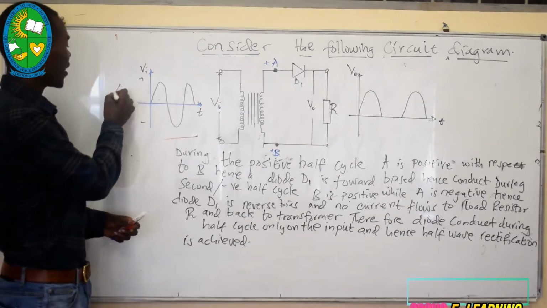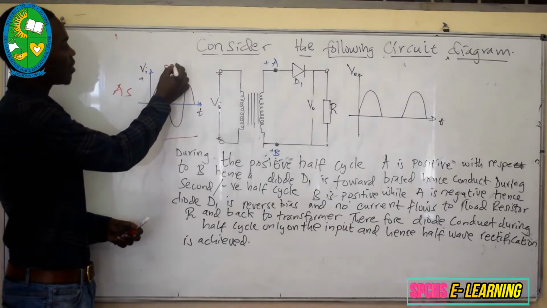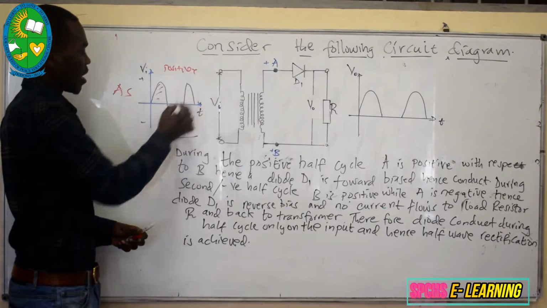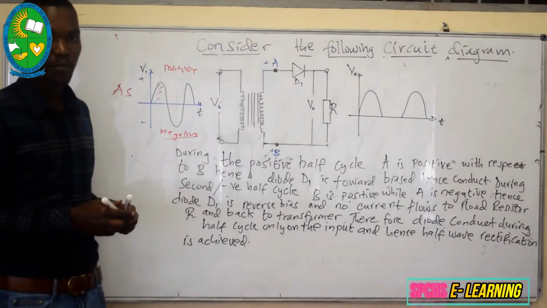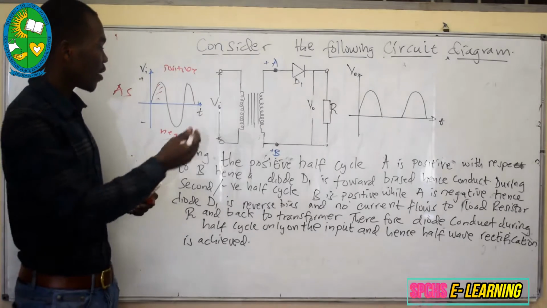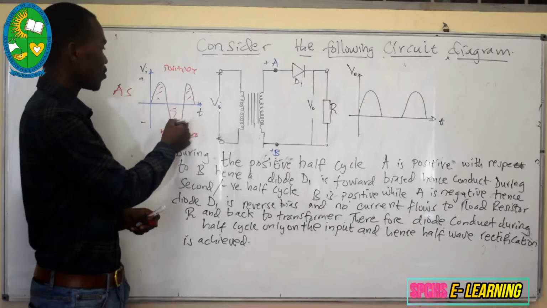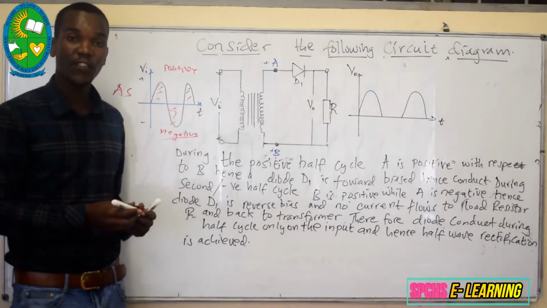The input is AC, so it alternates between the positive side and the negative side. It is changing its polarity with time. That's why it is known as alternating current, alternating voltage. It goes like this: this is the positive half cycle, and the downward part is the negative half cycle.